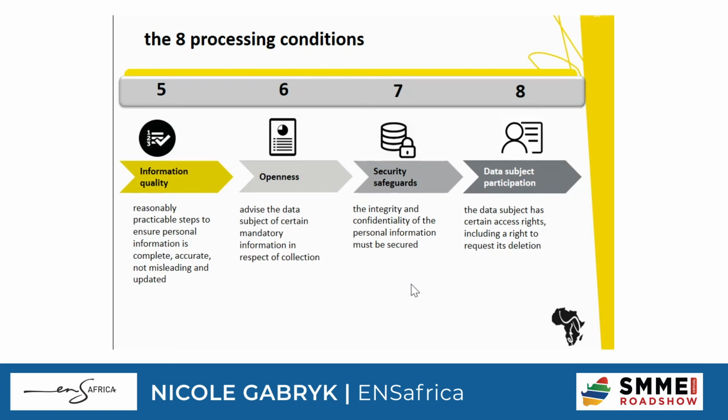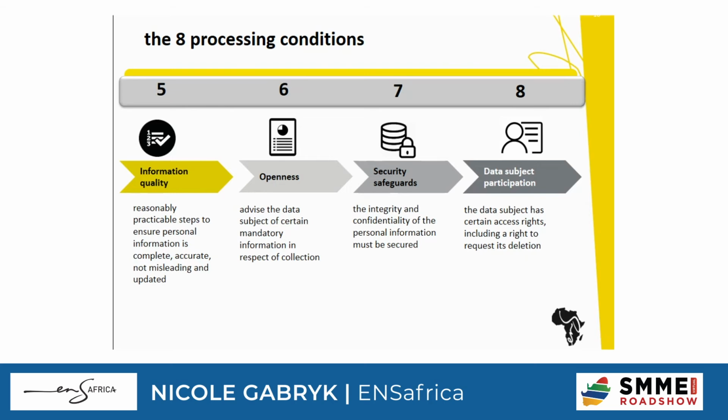It applies to any form of personal information entered into a record in South Africa, and that can include paper filing systems and the like. POPI doesn't prescribe what safeguards you need to put in place to protect the security, confidentiality, and integrity of personal information. But it does say that you must put in place reasonable technical and organizational safeguards to protect the personal information.